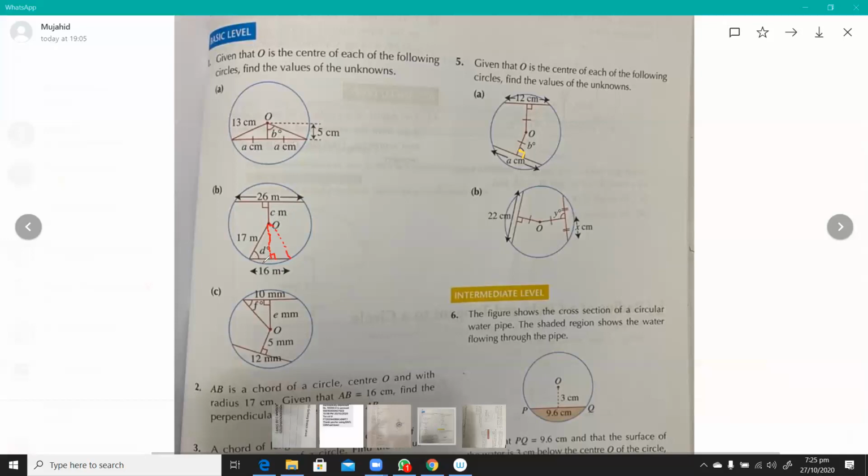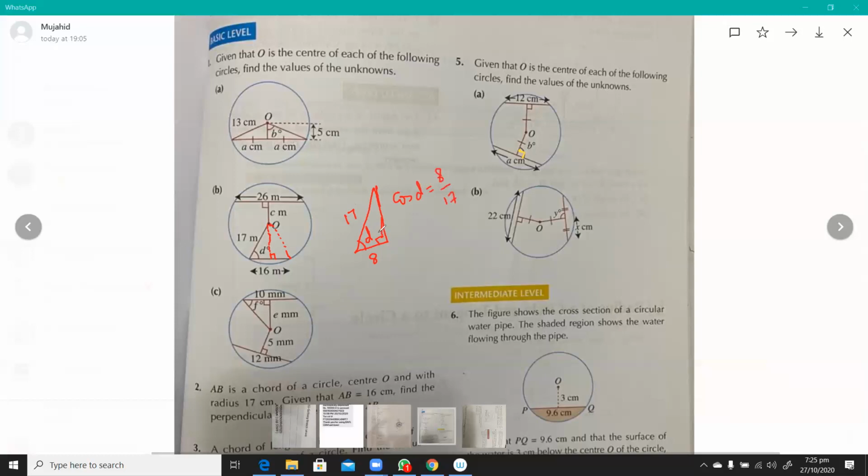It will be halved. You will have something like this. This is the center, and this length is now 8. There is a right angle. This is the radius 17, and you have to find this angle D. So you can say cos of the angle D is equal to 8 over 17.